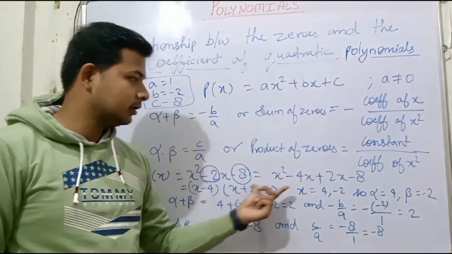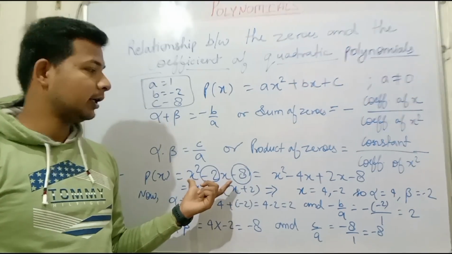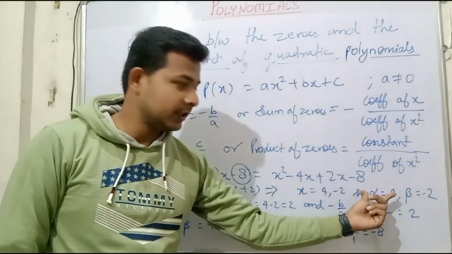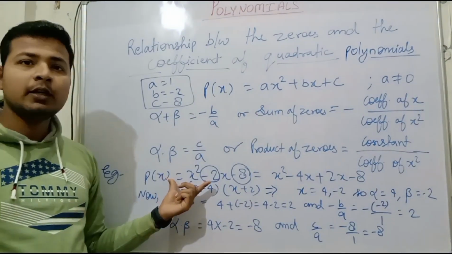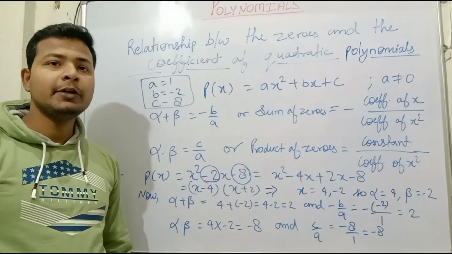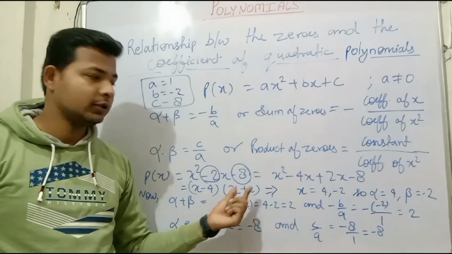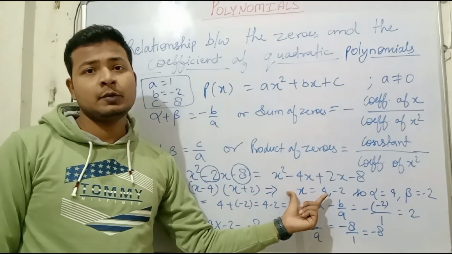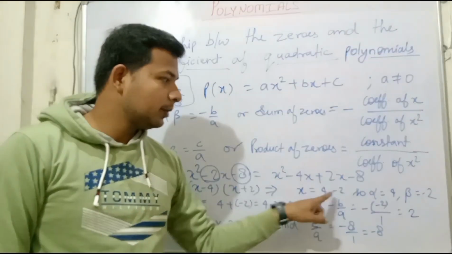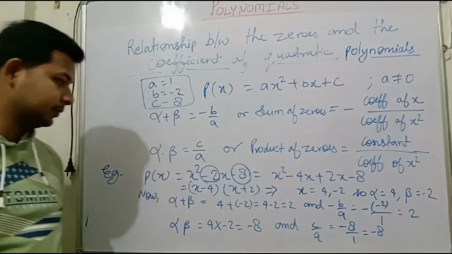Now, if you factorize this, I hope you know the meaning of factorization of a polynomial and you know the process also: x square minus 4x plus 2x minus 8. If you do not know, I will explain it in the upcoming videos. If you factorize this, (x minus 4)(x plus 2) will be the factors, and the values of x will be 4 and minus 2. Okay. 4 will be the value of alpha and minus 2 will be the value of beta.